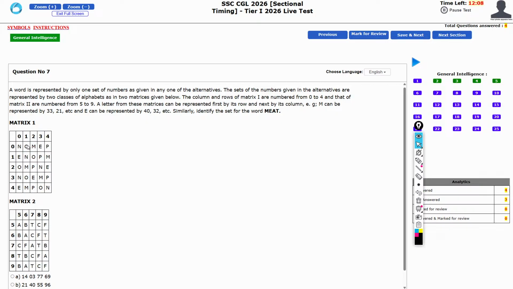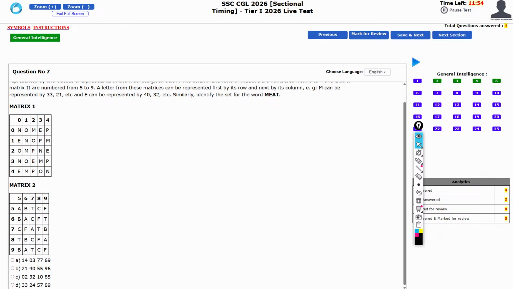And 1, 2 is also M. 2, 1 is also. So I think they are just similar. So 3, 0, 0, 3, no. So they are different letters. First by its row, so M can be represented by 21 only and 33.